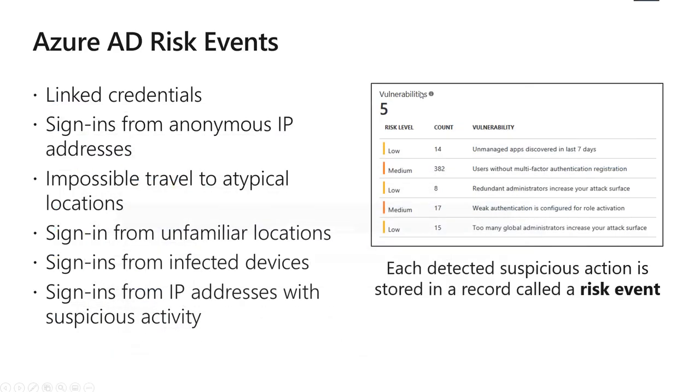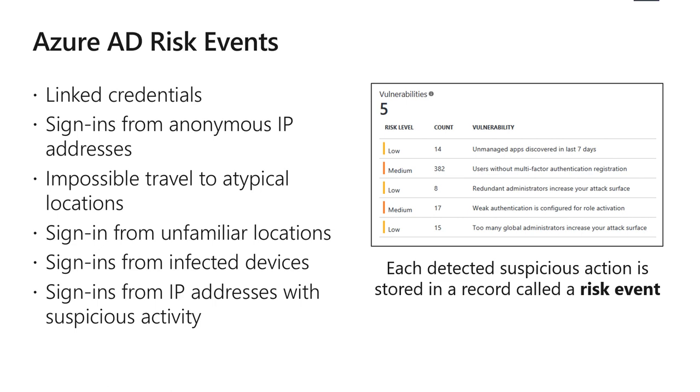So what are those? For the Azure AD risk events, there is one, two, three, four, five. Actually, there are six, right? The vast majority of security breaches occur when attackers or hackers gain access to the environment by stealing a user's identity. Discovering compromised identities is, to be honest, not an easy task.